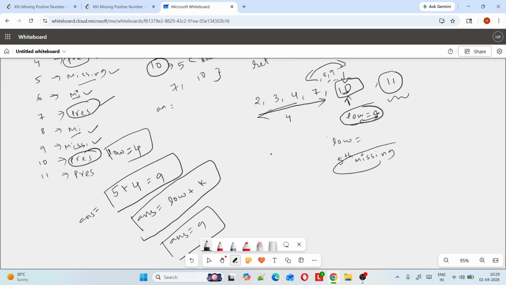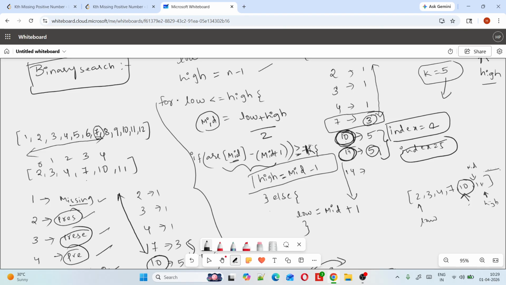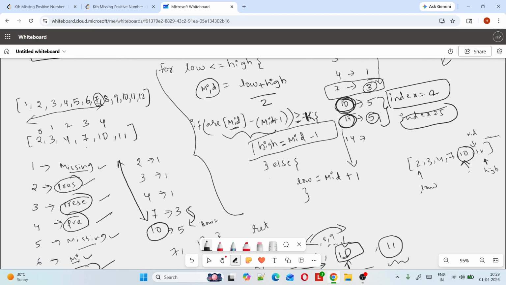Simple. First you have to take low and high pointers and iterate while low is less than or equal to high. First calculate mid and find the first index, as I mentioned. Here 10 and 11 both satisfy this condition, but you have to find the first index.